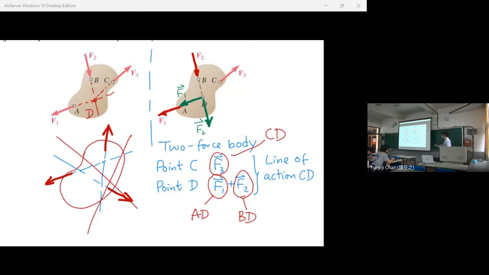The lines of action will not go this way. The lines of action will always intersect at one point. It will not form a triangle in the middle, but it will always intersect at one point.